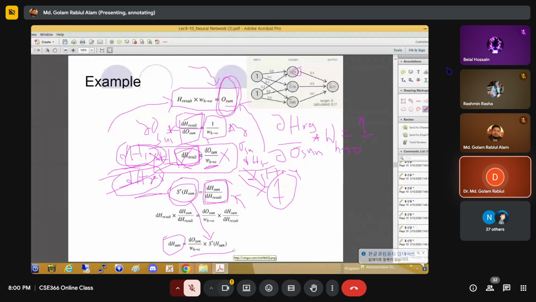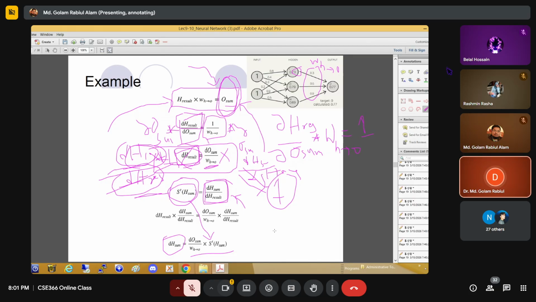So now we know the value of delta hidden sum, and we know the WHO, these are our WHO, hidden to output layer, these values. And then we have the sigmoid of the hidden sum. We can easily derive it because in our forward propagation we have already calculated those values of sigmoid of the hidden sum.